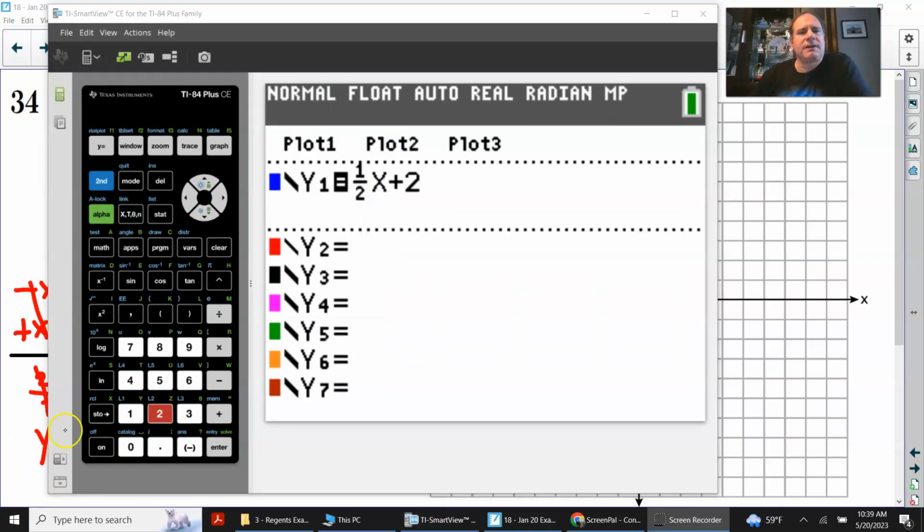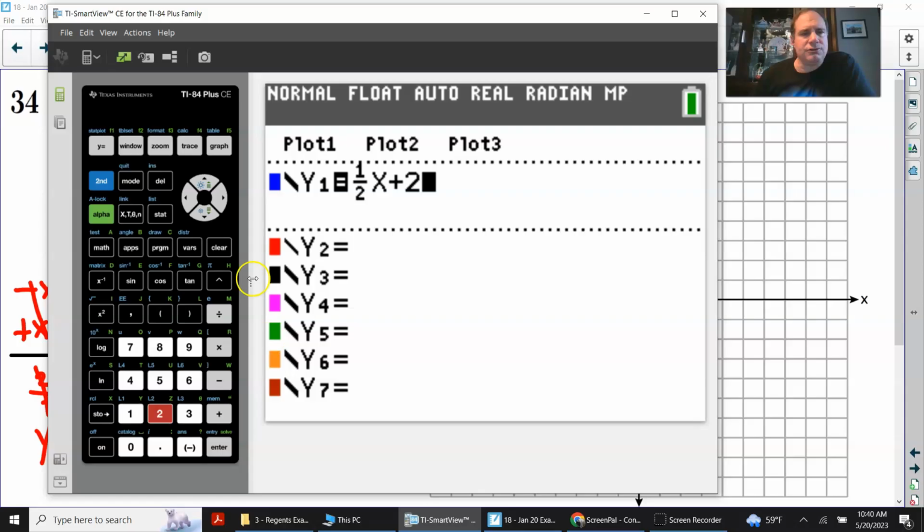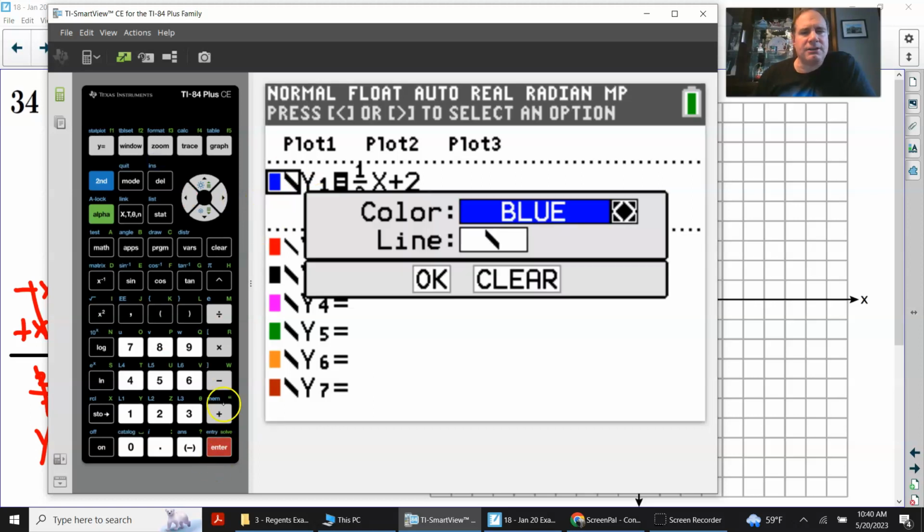Once you put that directly into the calculator, remember you have to put in the less than symbol. And the best way to do that is to go to the leftmost portion until that's blinking. You press enter and you go down, and then you go to the right. That is greater than. Go to the right one more time.